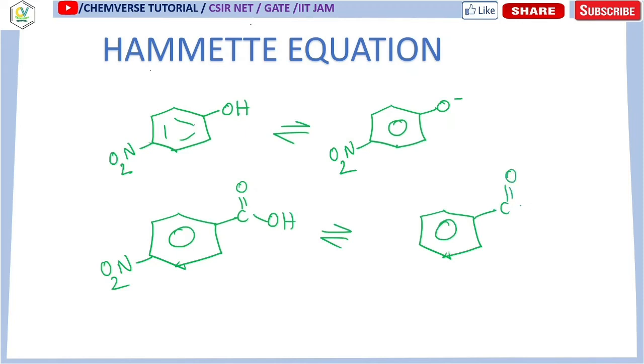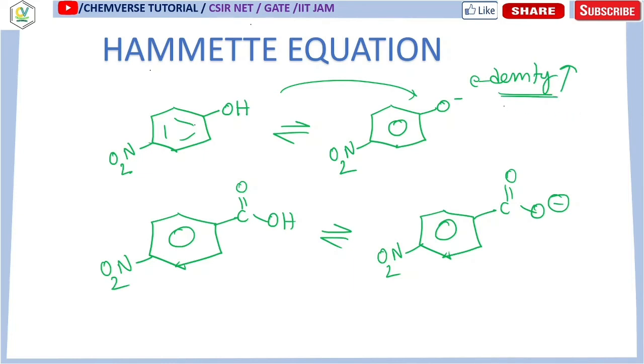I am just studying the ionization of these two reactions. During the course of the reaction the electron density increases, which means the rho value will be positive in both the cases. Suppose in the first reaction the rho value is rho 1, and in the second reaction rho value is rho 2.